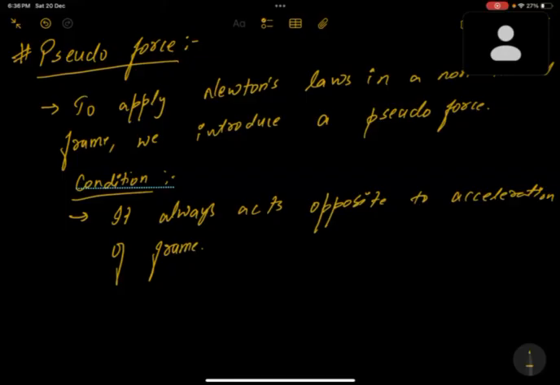It means that from where we are observing the object, the acceleration, the motion of the frame where we are standing, the force on that object will act in the opposite direction, and its value must be ma. This is the acceleration of that reference frame, and m is the mass of the object.